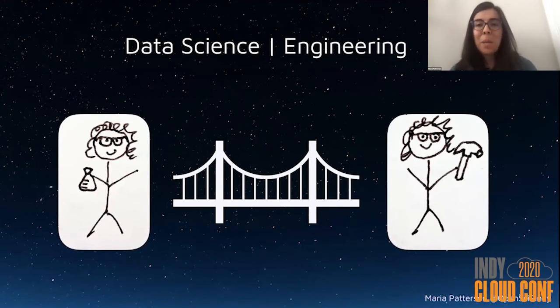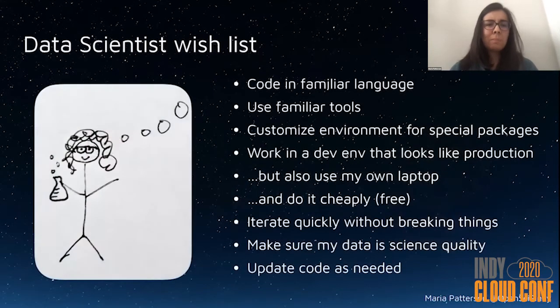So again, this is my opinion, but having worked on a number of these large-scale projects with both data scientists and software engineers, I have a strong opinion about what the context is for these different groups. And so I'll just give you what I think is the wish list for data scientists, and being one myself, is that if I'm going to write a machine learning pipeline, I would really like to code in a familiar language.